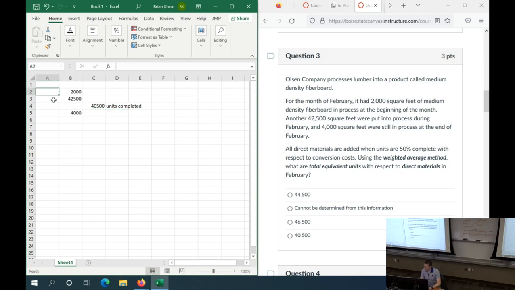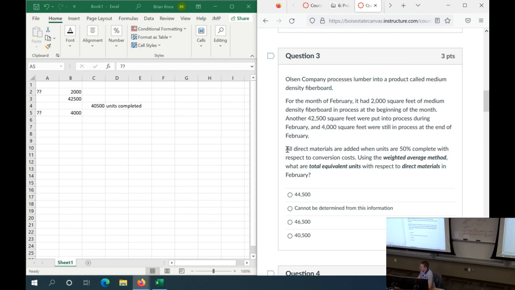And what I like to do also is take a little note and say I like to say the percent complete over here for beginning WIP and for ending WIP. And in this question, I don't give you the percent complete. I don't say how complete these 4,000 units are and how complete these 2,000 units were at the beginning of the period, which is going to become a problem.